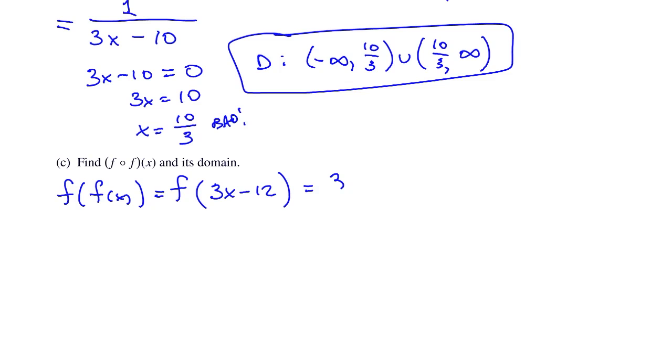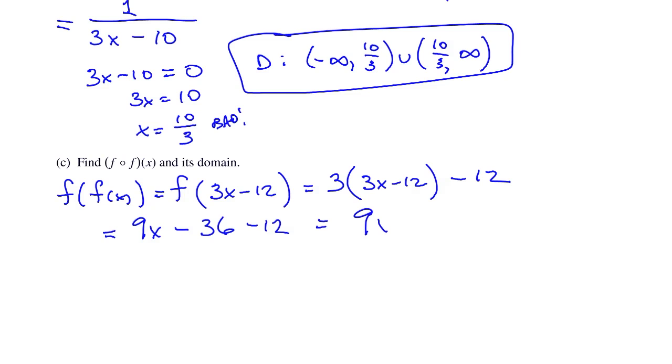So it would be 3 times 3x minus 12 minus 12. 3 times 3x is 9x. 3 times negative 12 is negative 36 minus 12. You get 9x minus 48. So the composition function here is 9x minus 48.